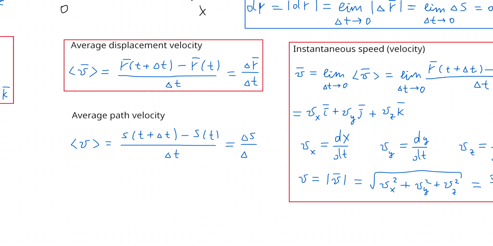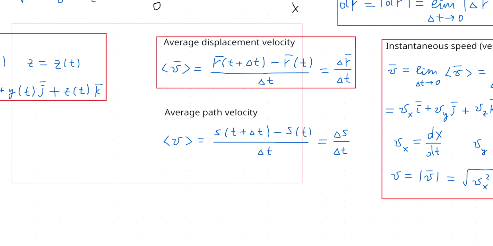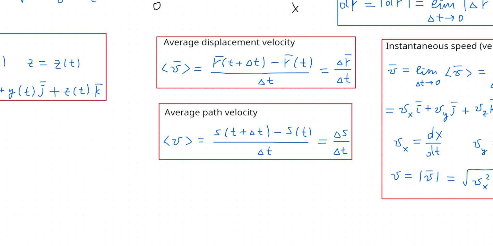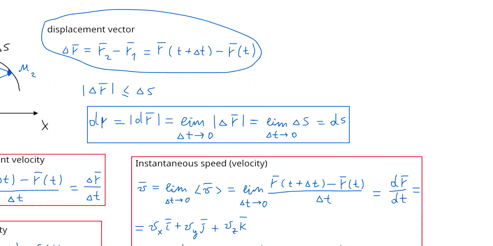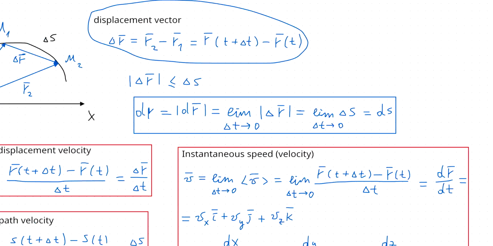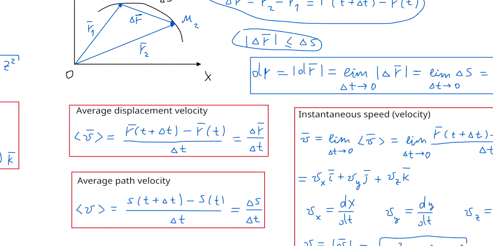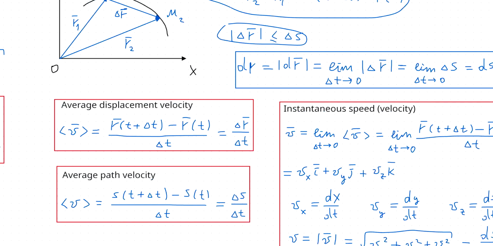So it is another type of average velocity. And as you can see from here, the absolute value of average displacement velocity is not equal to average path velocity. So these are different values.